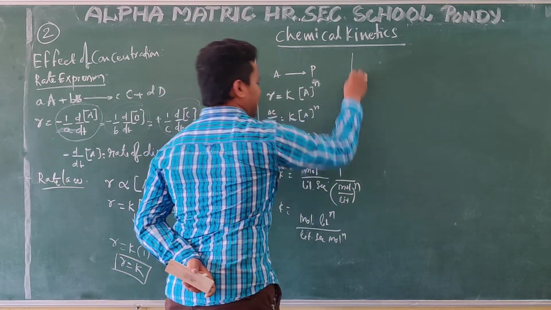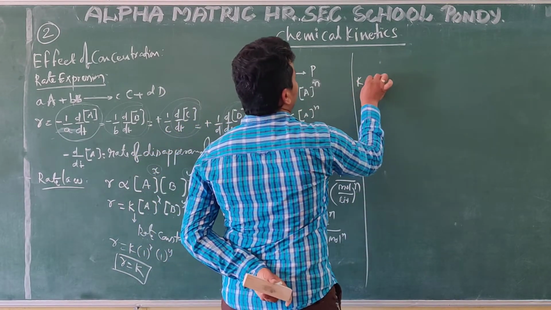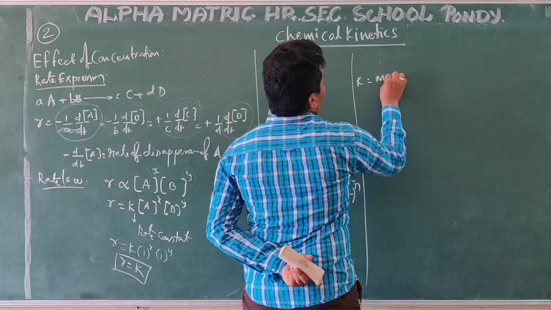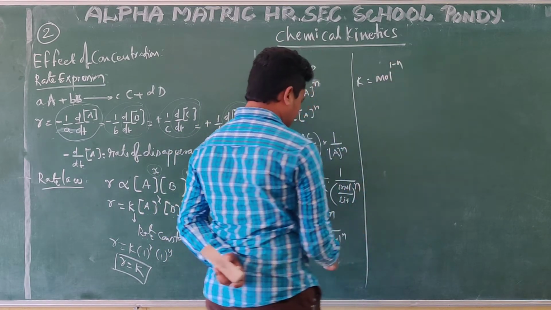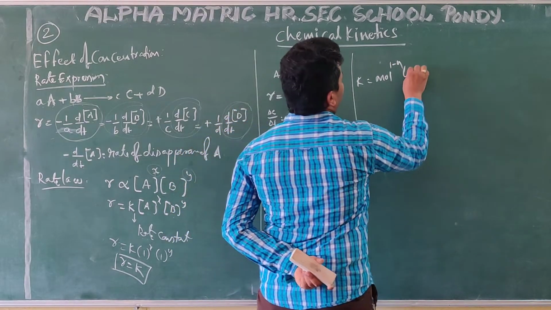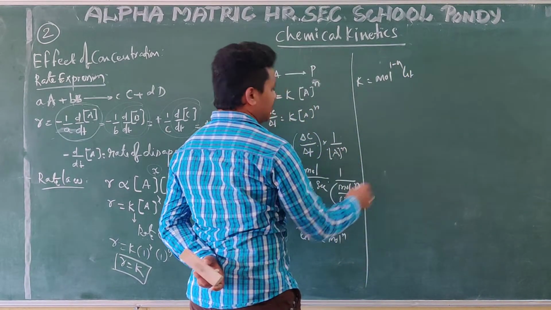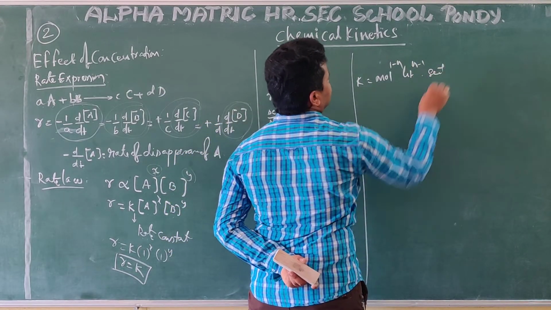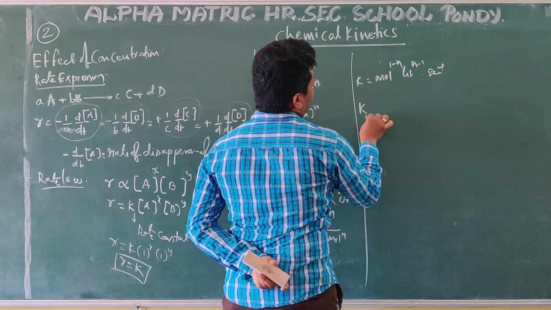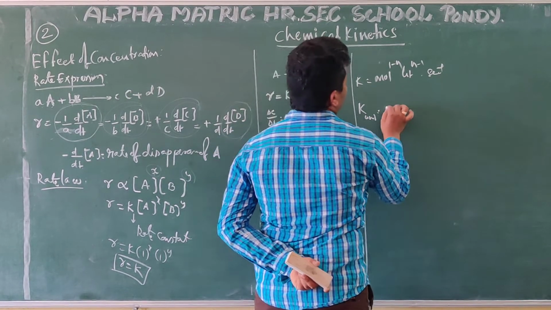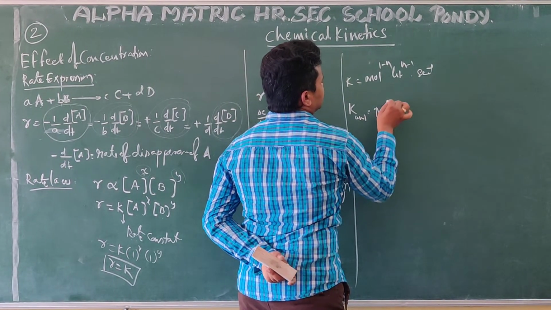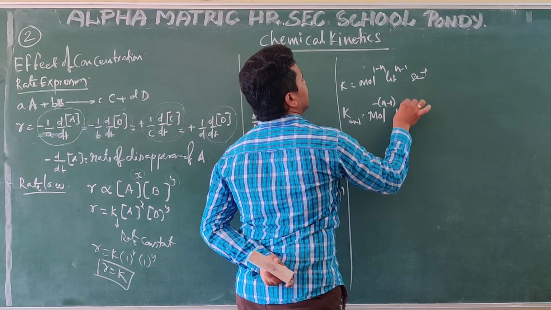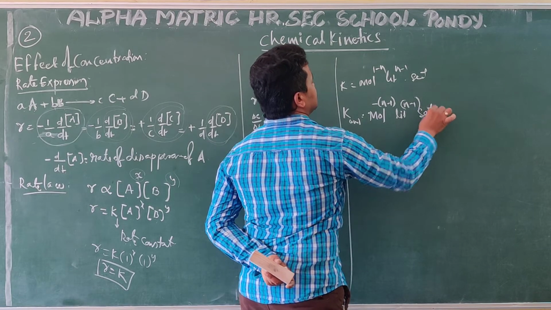The units of K are mole power 1 minus n, liter power n minus 1, per second. That is, moles to the power minus (n minus 1), liter power n minus 1, second inverse.